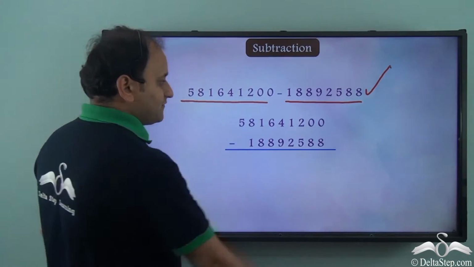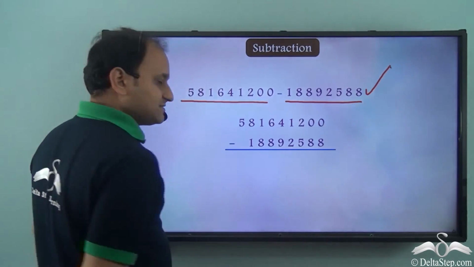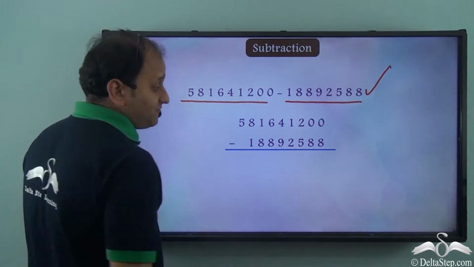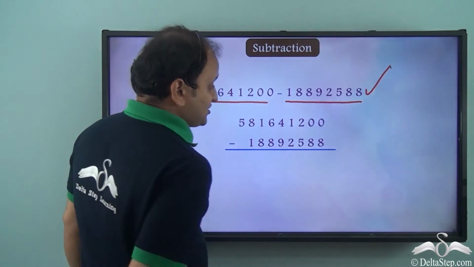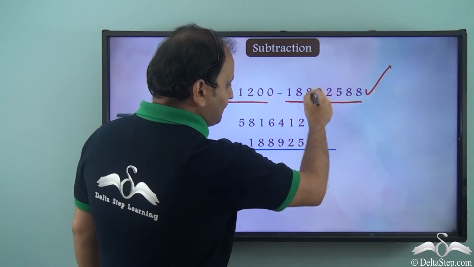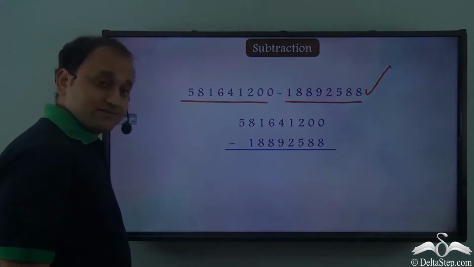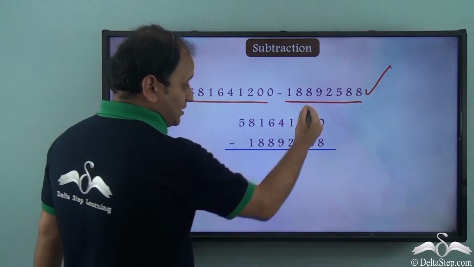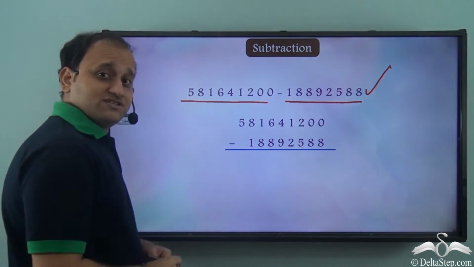So we have 0 minus 8. Now 0 is smaller than 8, so we cannot perform subtraction just like that. So what we'll have to do is we'll have to borrow 1 from this 0, but it is 0 again. So this cannot give 1 to this 0.